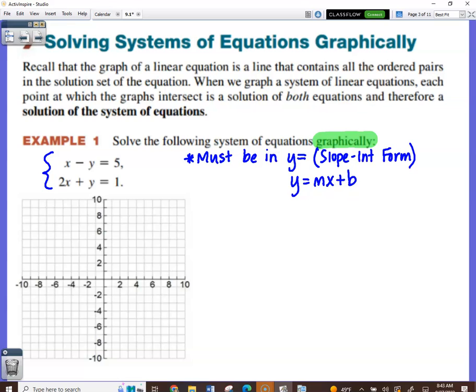So take each equation. This was our first one. Here's our second one. And get them in slope-intercept form. It's a cup game. Shuffle them around so that it's y equals mx plus b.